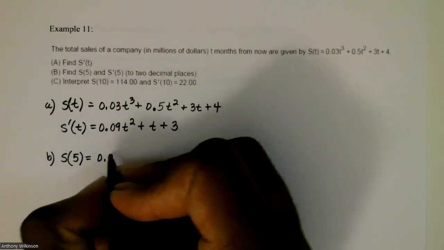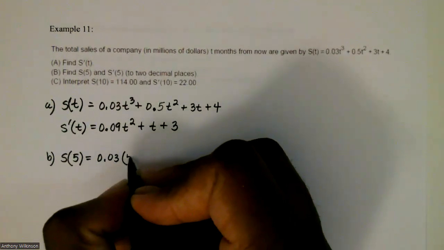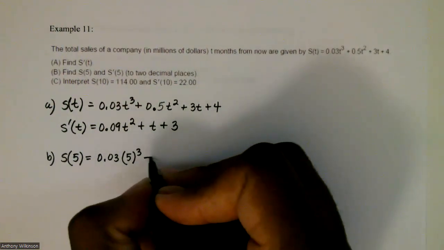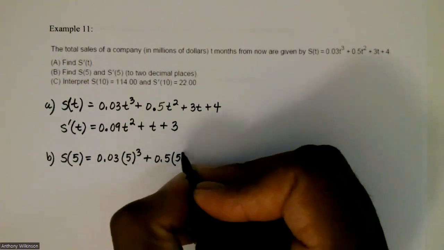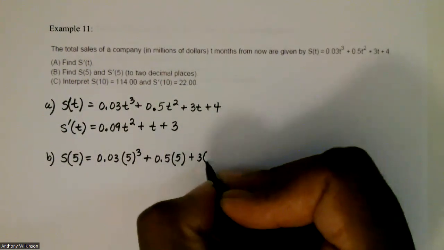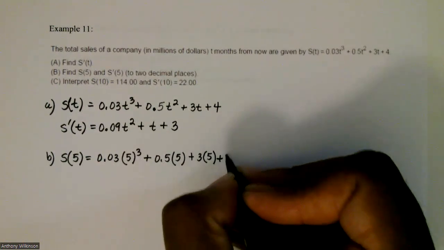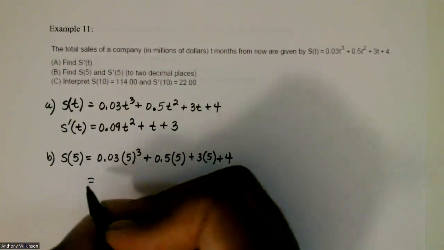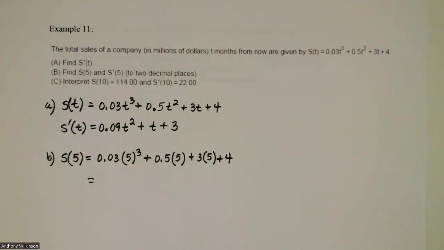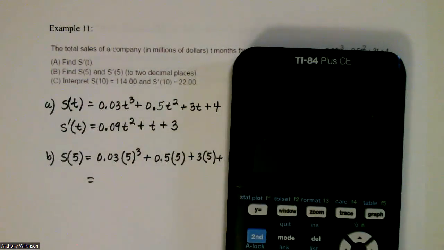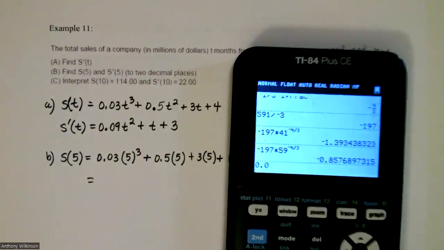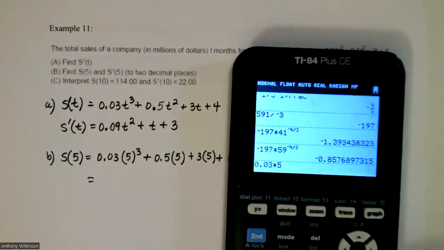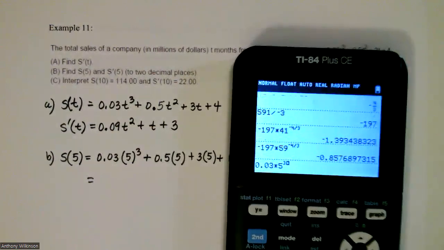So that's 0.03 times T, which is 5, and that's going to be cubed, plus 0.5 times T, which is 5, plus 3 times T, which is 5, plus 4. And I'll do each one of these individually, if it helps. 0.03 times 5, and then that's going to be cubed.